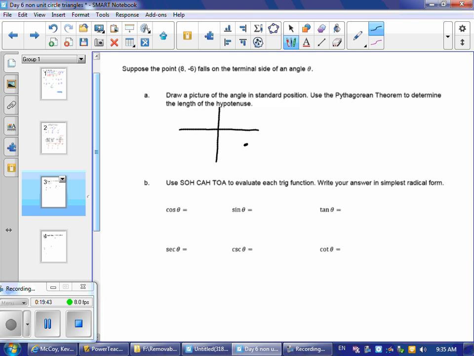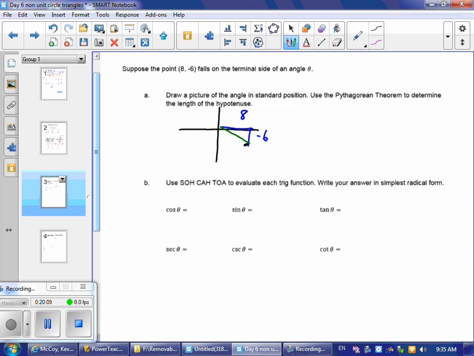You just have to have the general idea. But I did go 8 units out this way, and then I went 6 units down this way. So really what I've got from that point to the origin is the hypotenuse. So this was 8, this was -6.